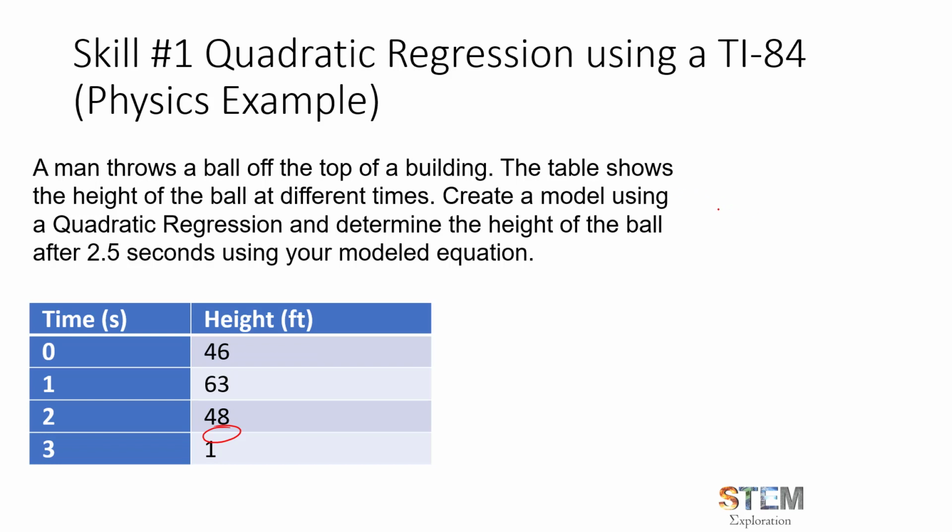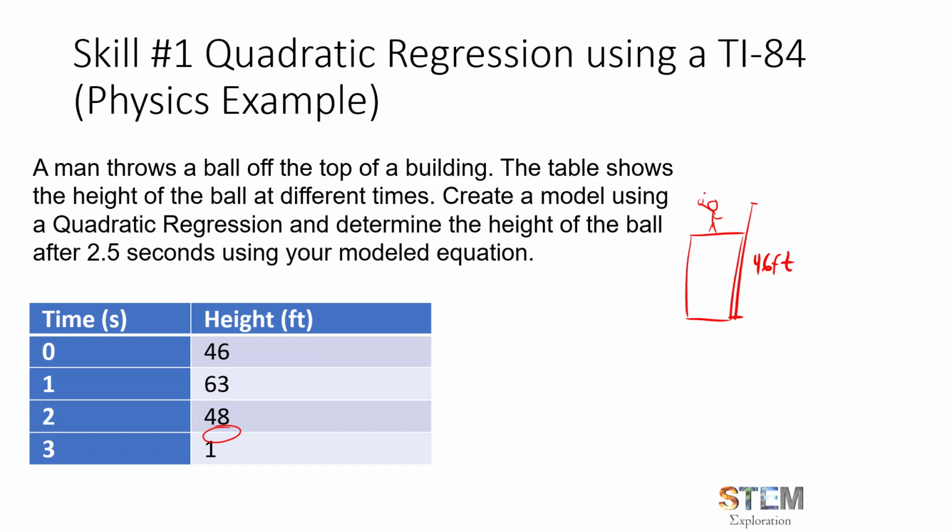If we're looking at a man throwing a ball, let's say he has this ball here, and he's going to throw it, and he's on top of a building. The height of the ball at the top of the building is 46 feet, because at 0 seconds, that's where the ball is.